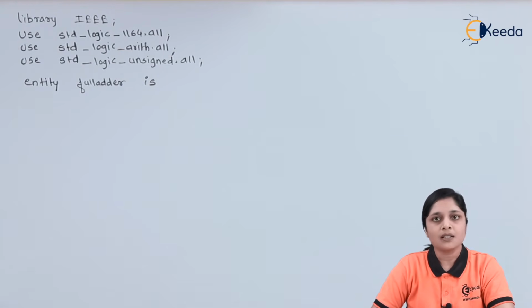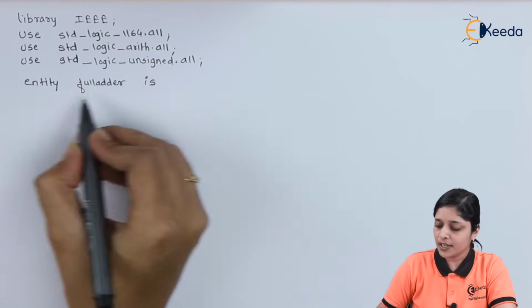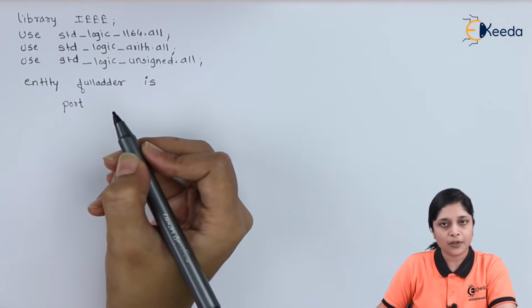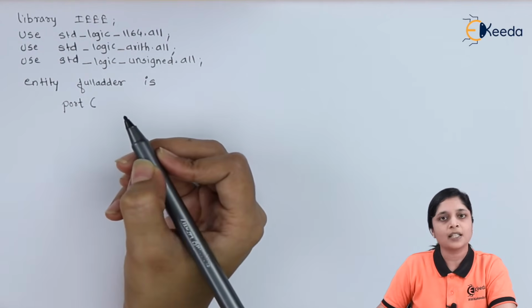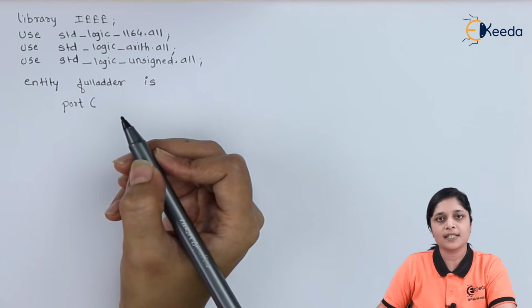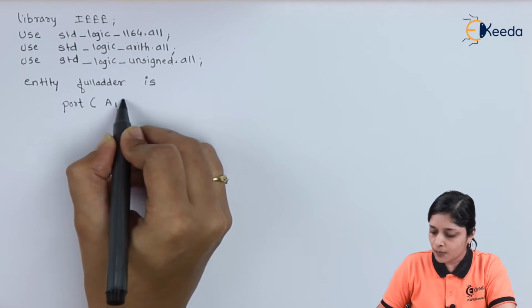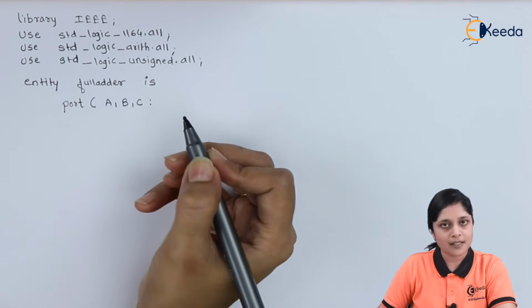Now, if you see the block diagram, the number of inputs for full adder are 3 and outputs are 2. So, I will write here port. Port is the keyword you have to write here to define the inputs and outputs for the given system. So for port, I will write here A, comma, B, comma, C. All these are the inputs.